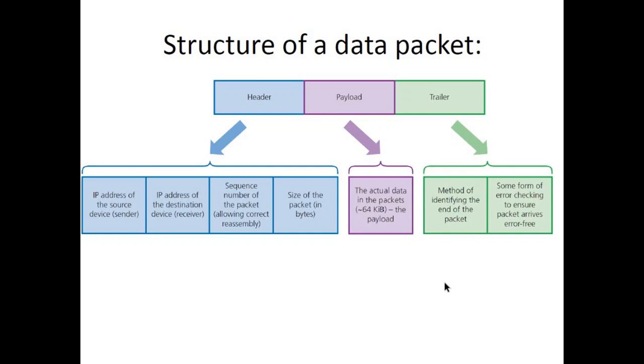It contains a string of binary or a string of code, by reading which the receiver knows that this packet has ended over here. And then there is some form of error checking method to ensure that this packet has been received successfully without any error.